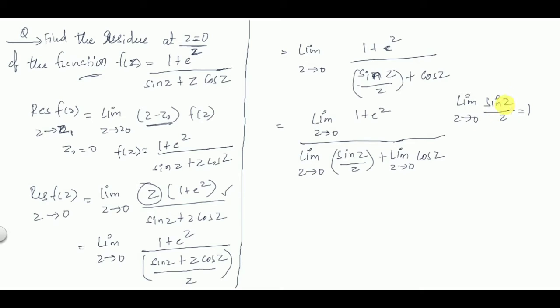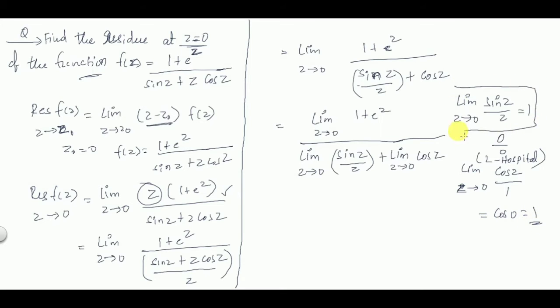When you substitute 0, you get a 0 by 0 form, so taking L'Hospital rule, we differentiate numerator and denominator: d/dz of sin z is cos z, divided by d/dz of z, which is 1. Substituting z = 0, you get cos 0, which is equal to 1. So always remember this result: the limit as z tends to 0 of sin z by z is equal to 1.